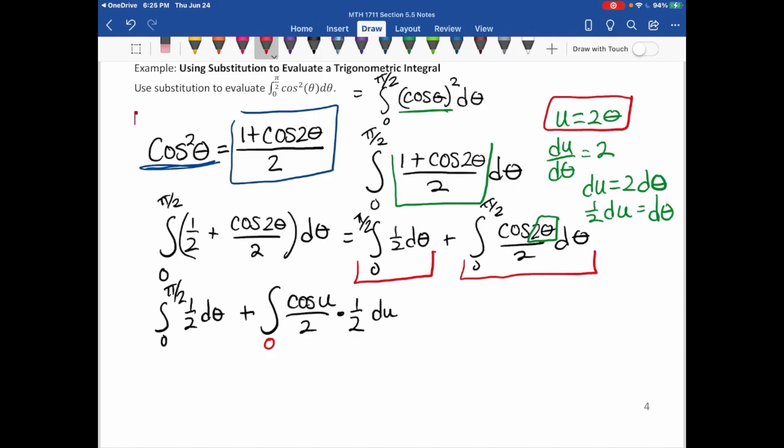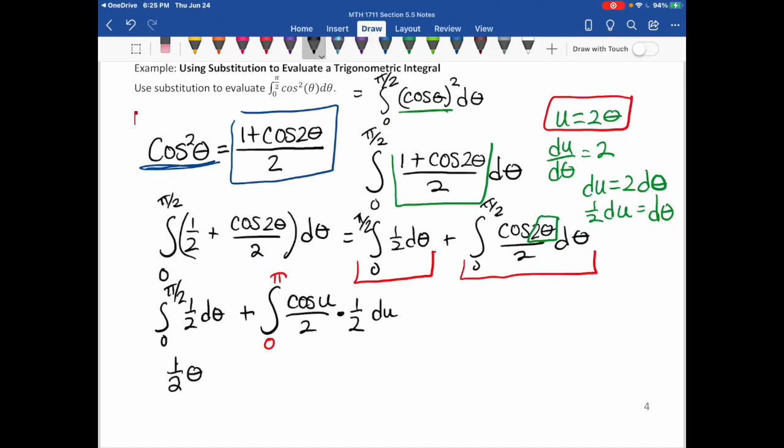Now, when I plug in pi over 2 for my theta, and I take 2 times pi over 2, I'm going to get pi. So my corresponding value of u is pi when theta is pi over 2. So those are my new limits. Now I just have to integrate since I have everything set up.